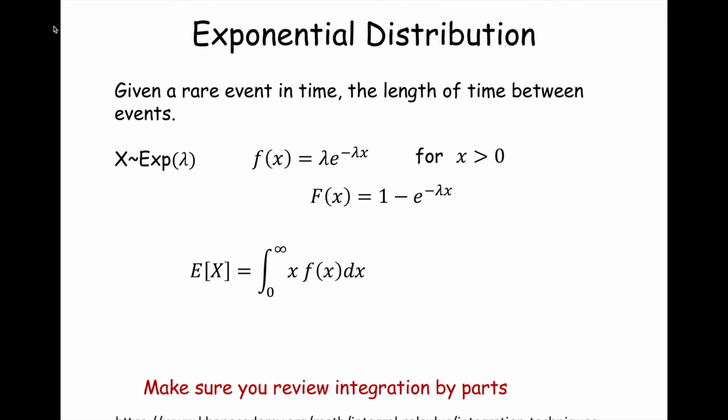So let me see. We have f, this was f, this was g prime, and we have g, the integral of e to the minus lambda x dx. That's minus 1 over lambda e to the minus lambda x. I had minus 1 over lambda, so that was minus, that's plus.